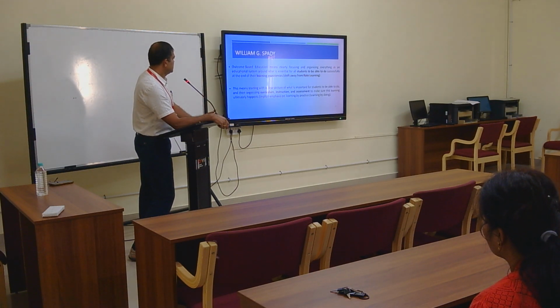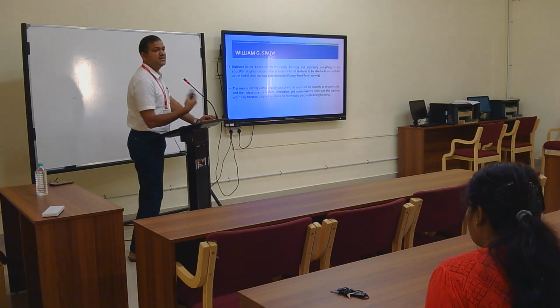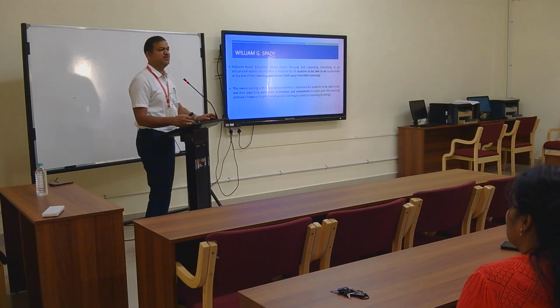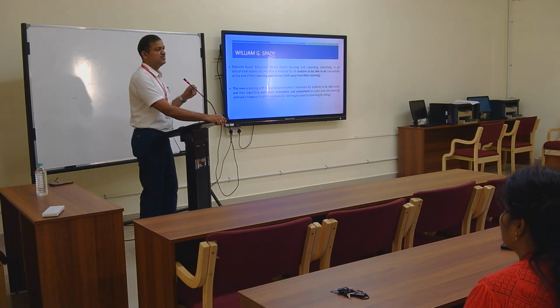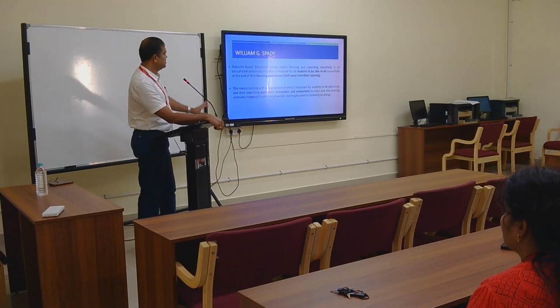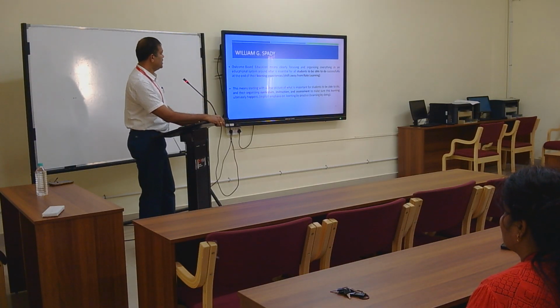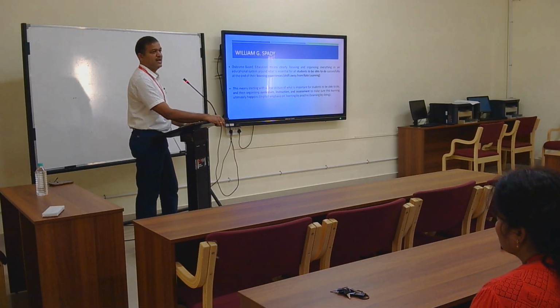This means starting with a clear picture of what is important for students to be able to do, and then organizing the curriculum, instructions and assessment based on your inputs. We should frame the curriculum, instructions and assessment to make sure this learning ultimately happens.